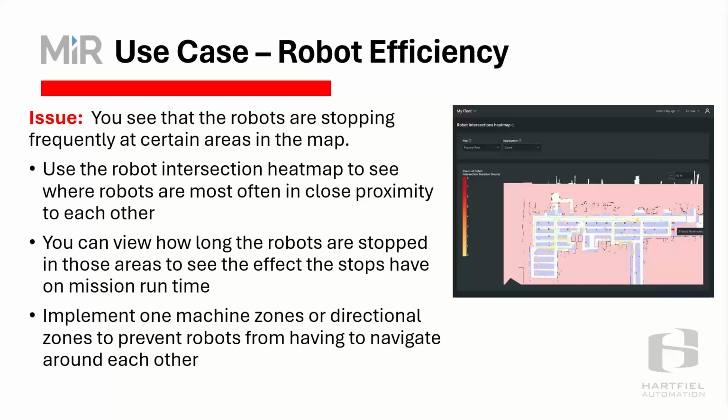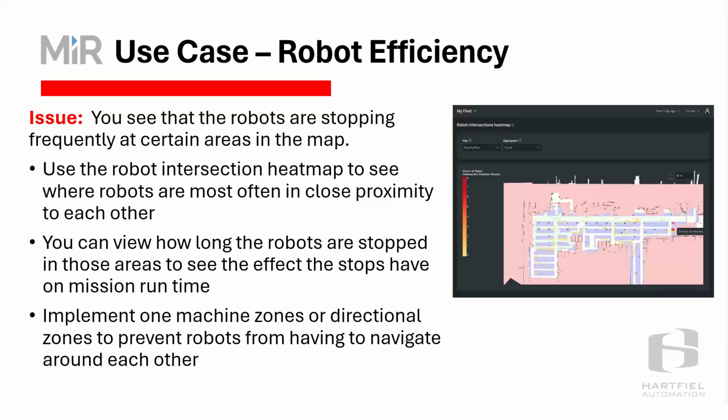If the issue is being caused instead by robots being in close proximity to each other for an extended period of time, we might add a directional zone or a one machine zone in that area to prevent robot slowdowns. The other advantage of the heat maps as well is that once a fix has been implemented, we can filter out old data to ensure that the change we made is having a positive impact.